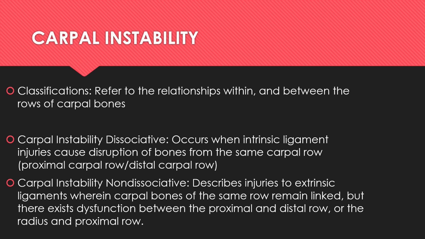So with the non-dissociative injuries, the injuries are spanning rows. With the dissociative carpal instability patterns, the injuries are within the row. Okay, so let's demonstrate this on a diagram.